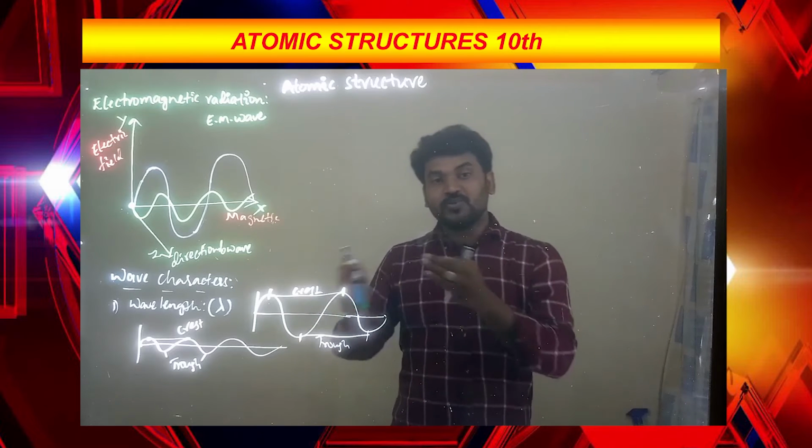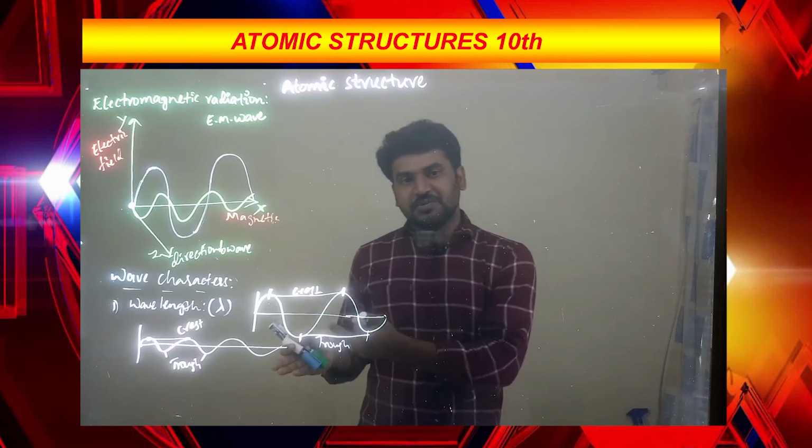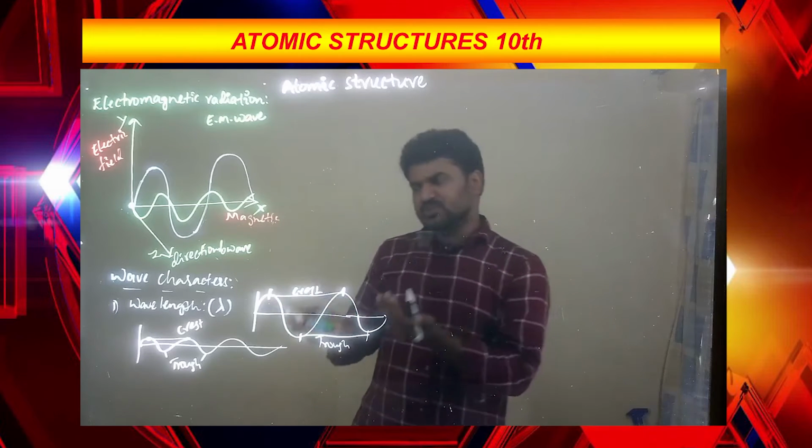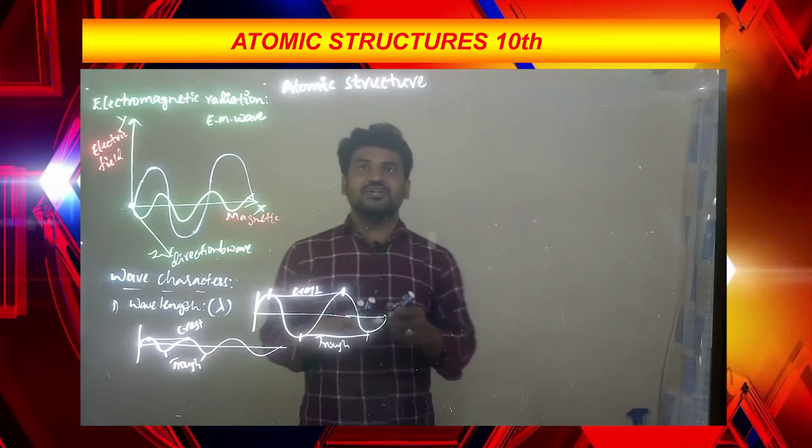Distance means what? How do we measure distance in our daily life? Generally we measure in meters, centimeters, millimeters, kilometers, right? Same like here, some units are there for the wavelength, so we'll write units here.